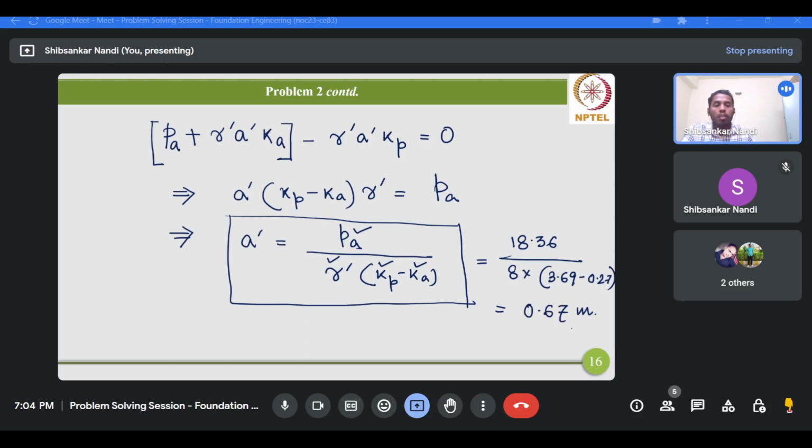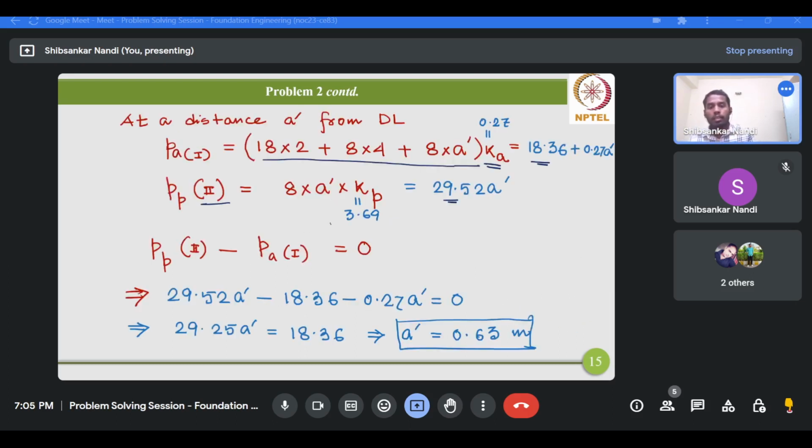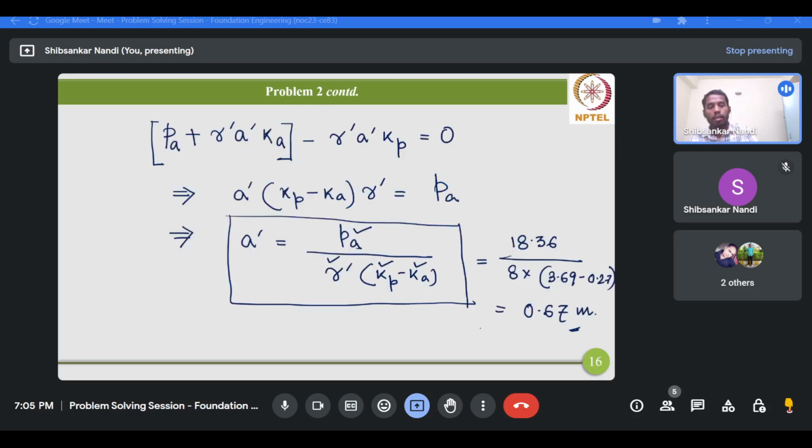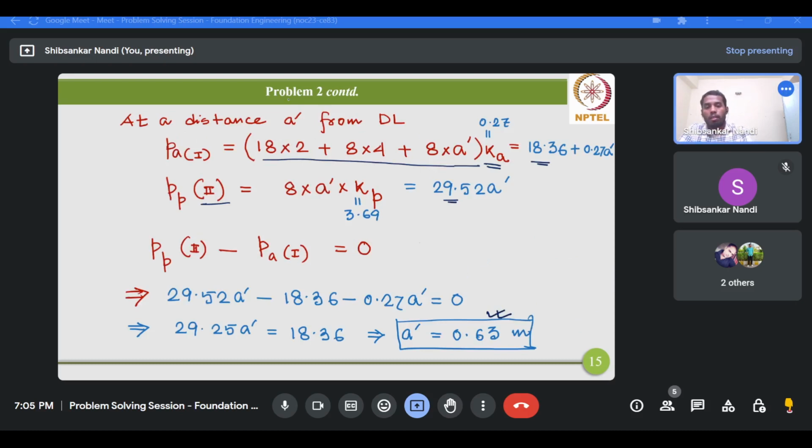0.67 meter. So that's why I told you earlier that in this case we had got the value 0.63, because we put the values from the beginning and rounded up each value. That's why we got 0.63, but here we are getting a slightly higher value, 0.67.